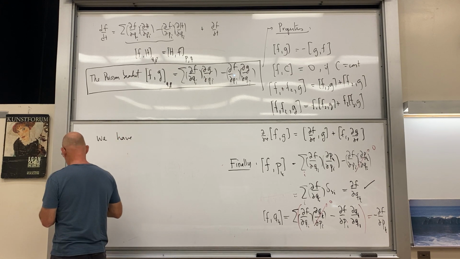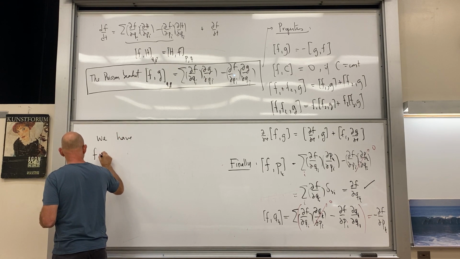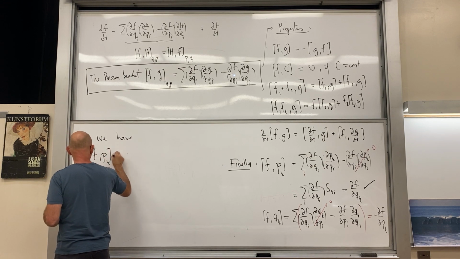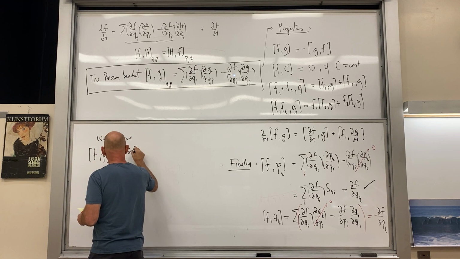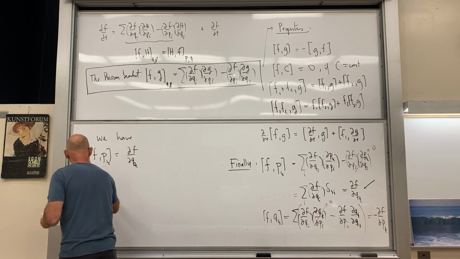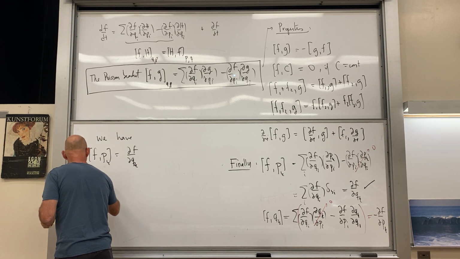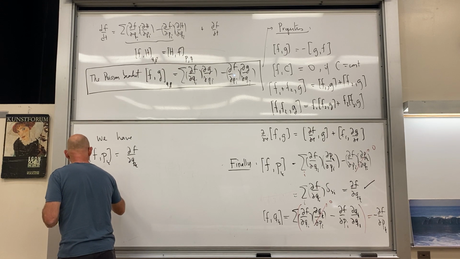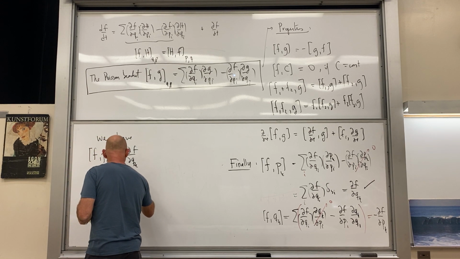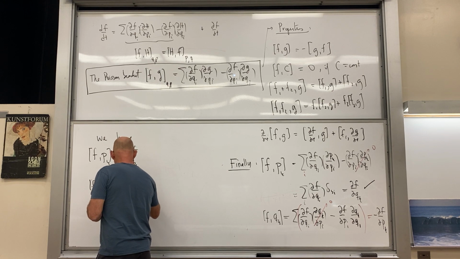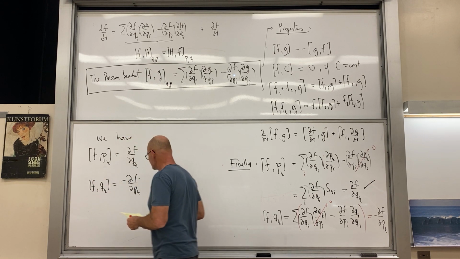So let's list those now. We have f p sub k equals df dq sub k, and f q sub k equals minus df dp sub k.